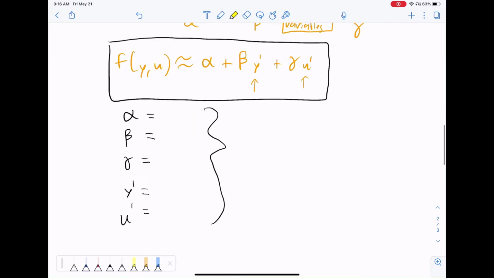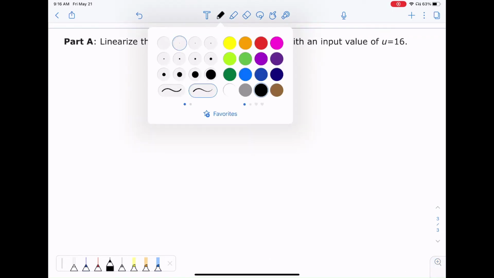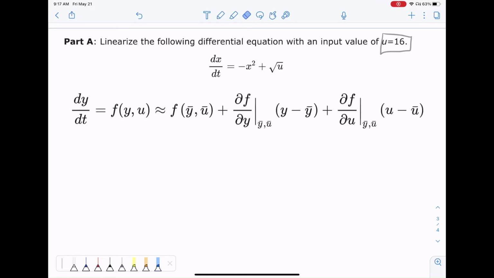Let's go ahead and look at this example we have here now, and we'll go to MATLAB afterward to plug in the second two parts. We're going to evaluate this differential equation at the condition of u equals 16. And here's our differential equation right here. I'm going to use this form right here to guide us.